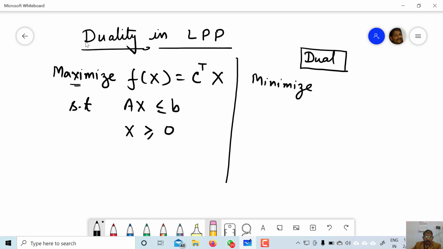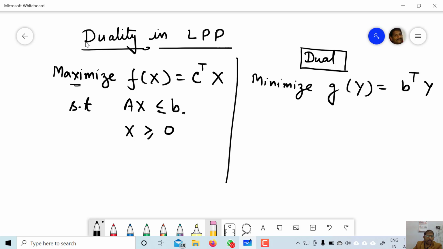We take another function g(y) = b transpose y. What is b? The same b which is given in the condition of the original problem will come into the objective of the dual, and likewise the condition of the dual will be the solution of the actual problem.